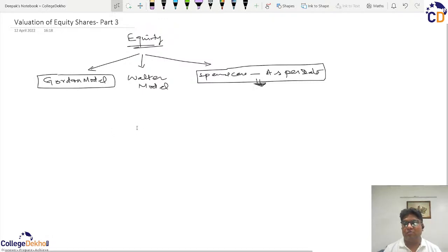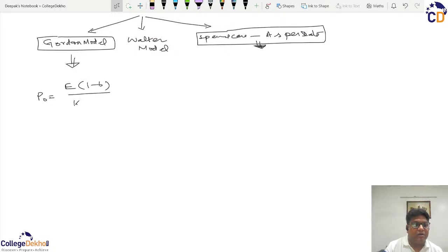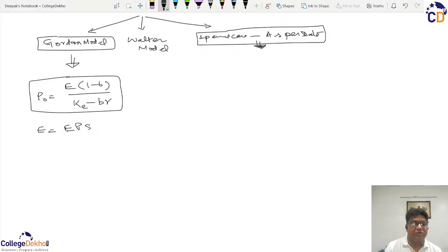As per the Gordon model of dividend payment, you have already known that the current market price will be equal to E multiplied by 1 minus B divided by cost of equity minus BR. In this formula, E denotes the earning per share and B denotes the retention ratio.